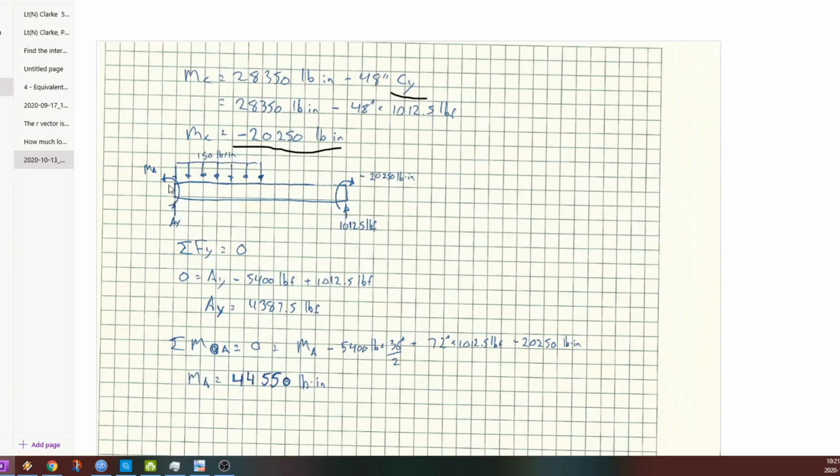Still got the two unknowns, AY and MA. So simple enough to find it at this point. So we got the sum of the forces in the y direction.